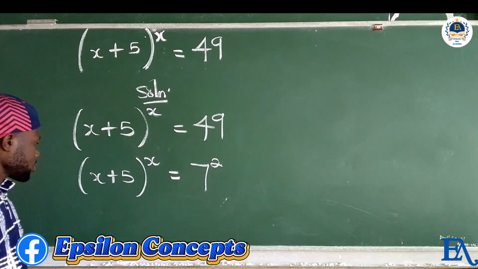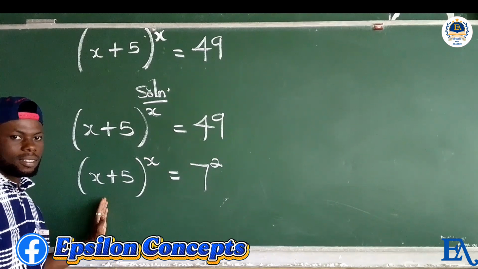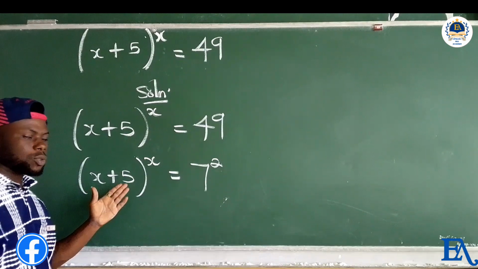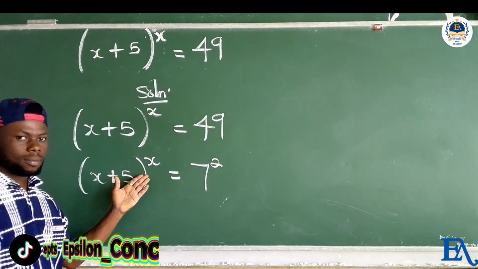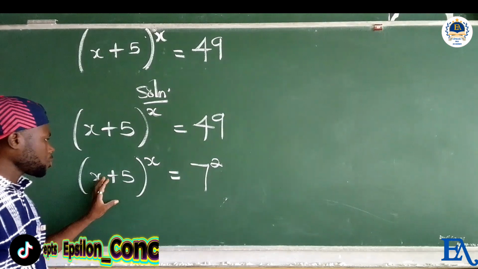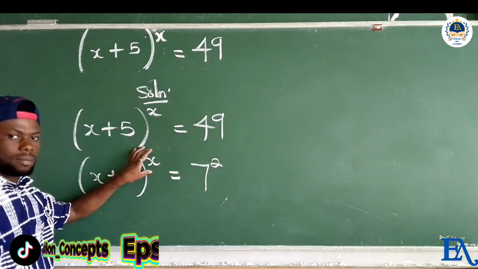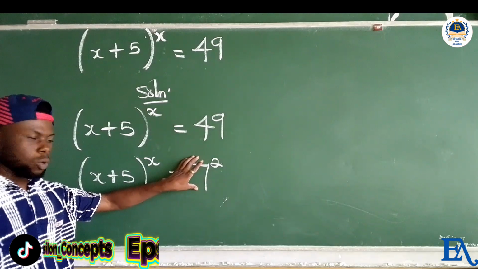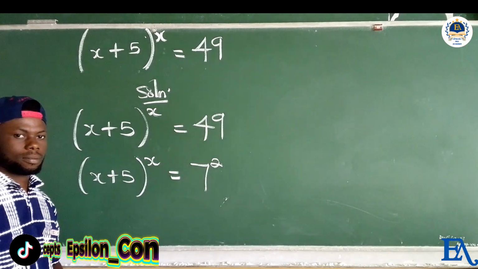Now, we observe that on the left hand side, we have the sum of two terms raised to a certain power, (x + y) raised to the power of x. Let's try to make the right hand side look like this left hand side.